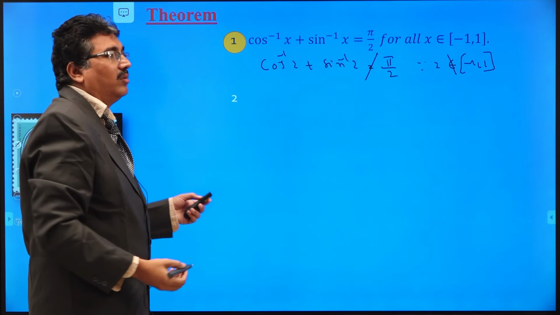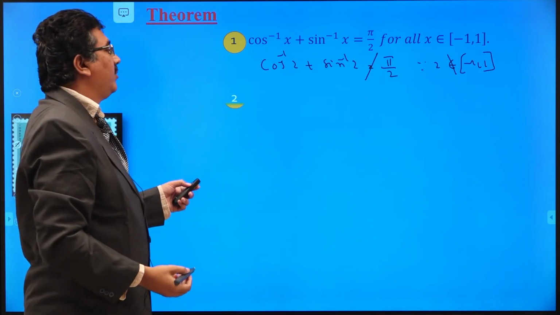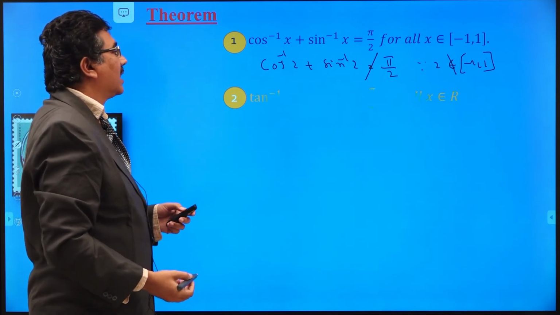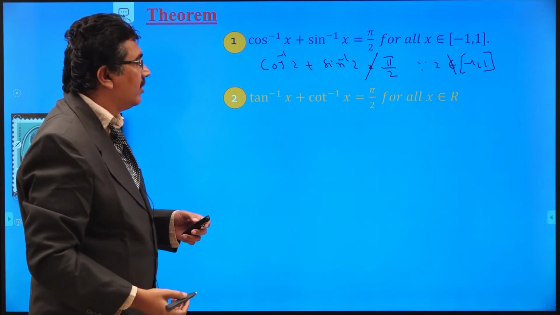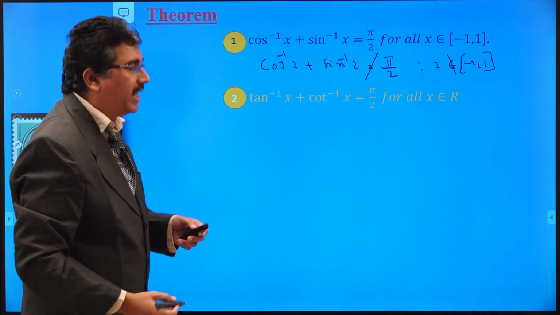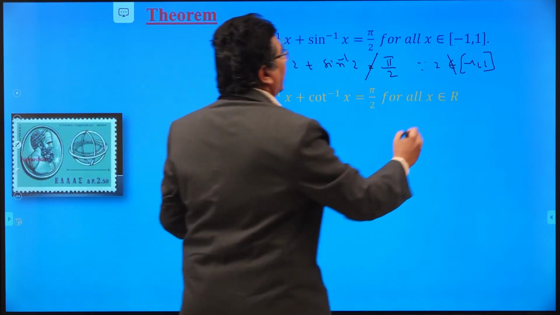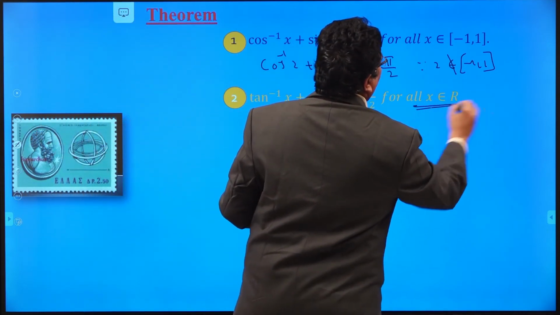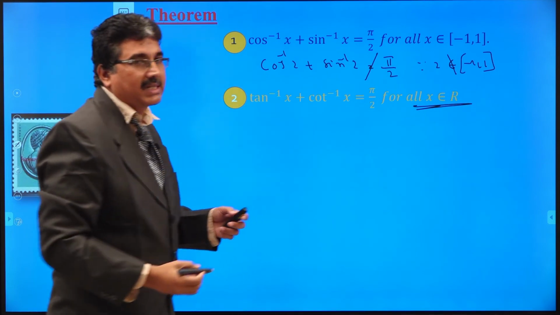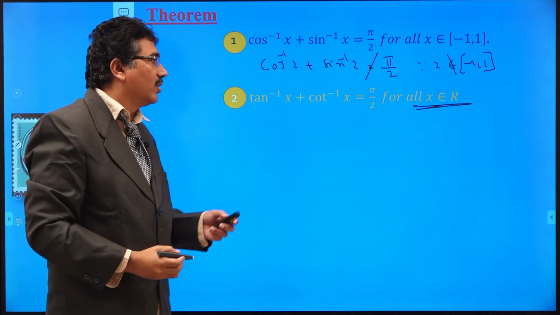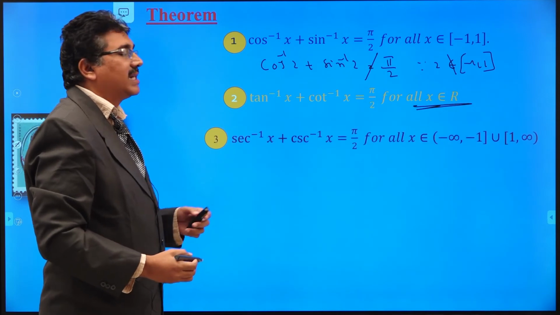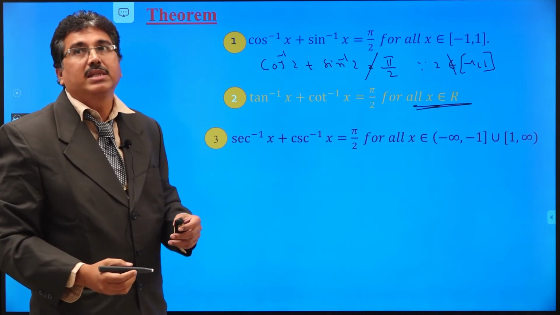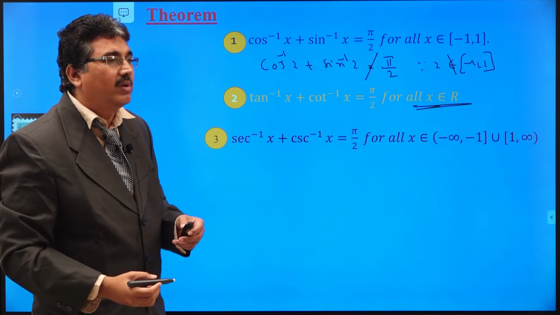Now, what is the relation between tan inverse and cot inverse? Tan inverse x plus cot inverse x is equal to pi by 2. This is true for all x belonging to R. Now, what is the relation between secant inverse x and cosecant inverse x?